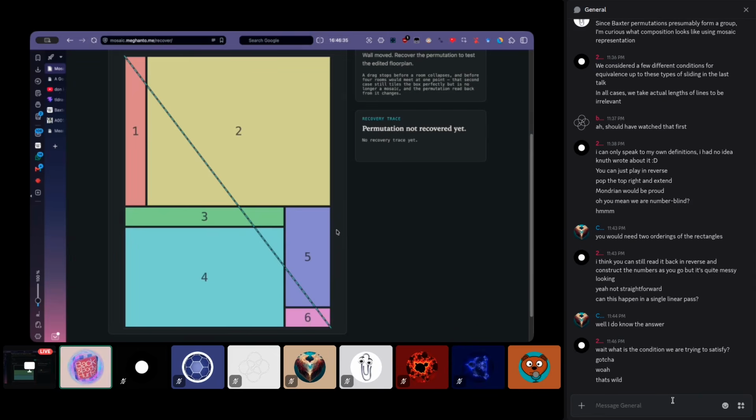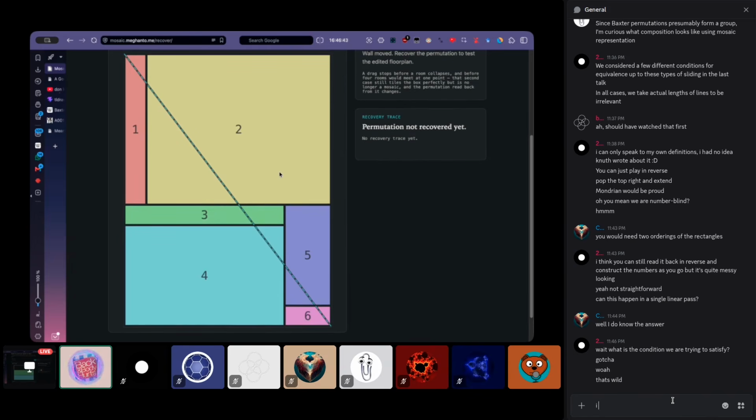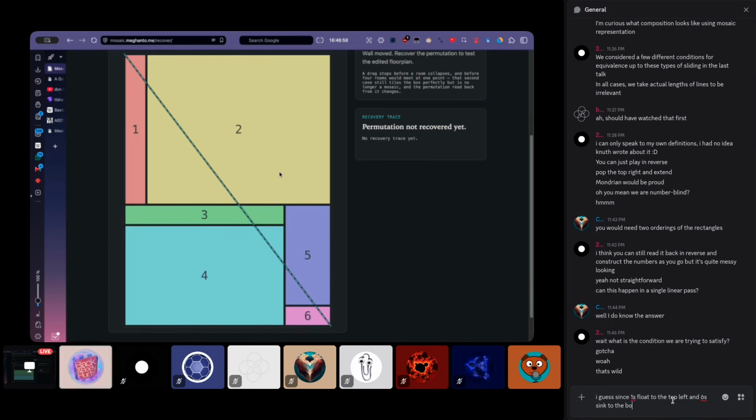There's a way to actually construct this, but I don't remember the algorithm off the top of my head. But imagine I don't need a computer, I can just mess around by hand and put all the rectangles in order where the line crosses through all of it.